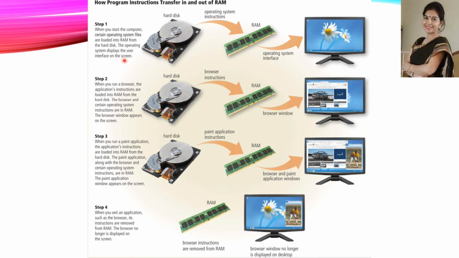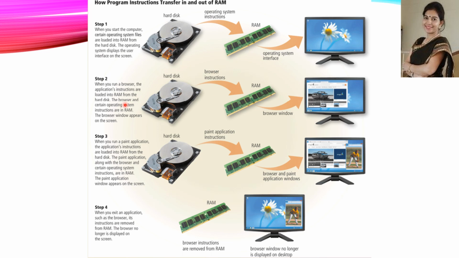So first of all, when you start the computer, the operating system instructions are loaded into the RAM from the hard disk, and then the operating system displays the user interface on the screen. Then step 2 is when you run a browser, the application instructions are again loaded into the RAM from the hard disk.